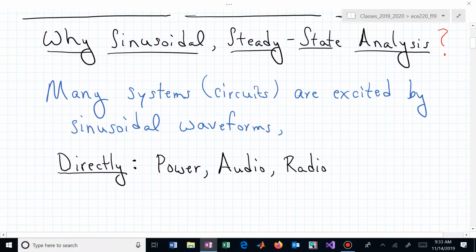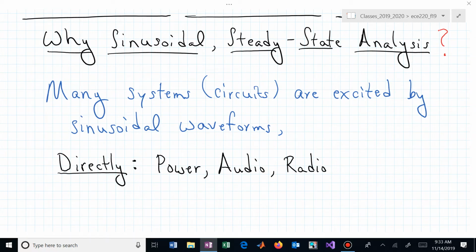First, let's motivate why we're covering Chapter 9, and the reason is that sinusoidal signals are all over the place. We use them a lot. We apply them or excite systems or circuits.